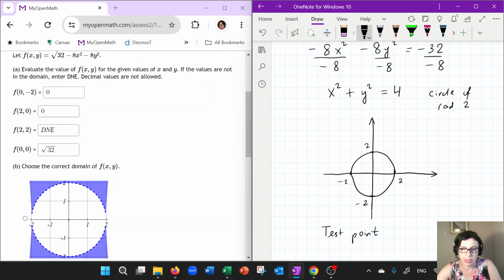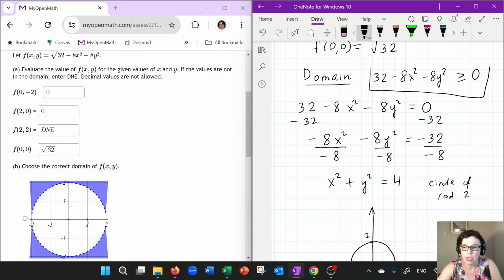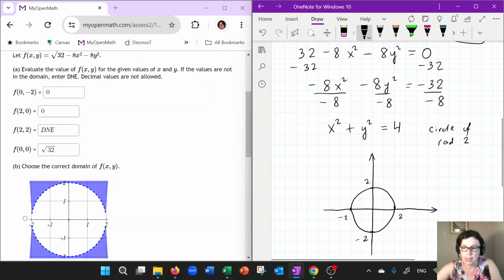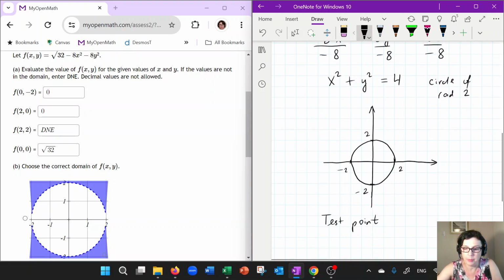In other words, if you substitute x and y into the expression, you're not going to get 0. For example, (0, -2) cannot be chosen as a test point, because (0, -2) actually belongs to the boundary. So you can pick any other point.